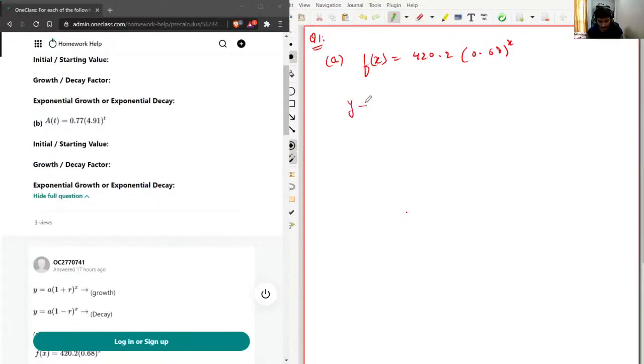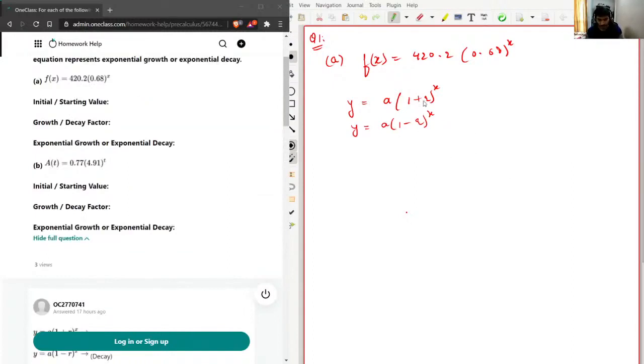Let's say we have a function y equal to a times (1 plus r) to the power x, and let's say y equal to a times (1 minus r) to the power x.